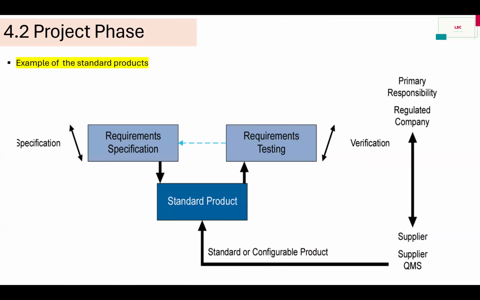So first of all, the example of category 3, that is known as standard product. So this standard product is simple: you have some specification, right? Some requirement, right? And accordingly you have a standard product. How does this standard product work in your company environment, right?